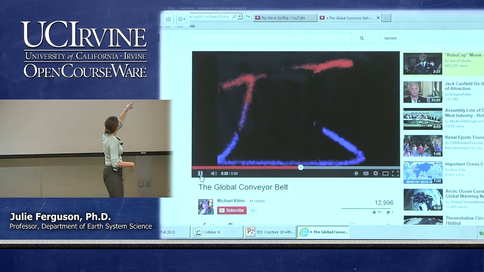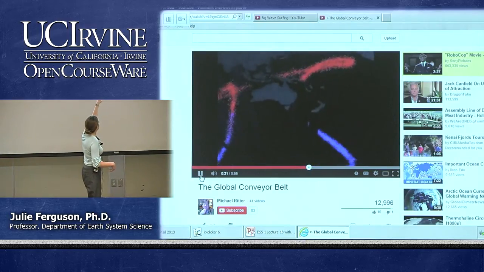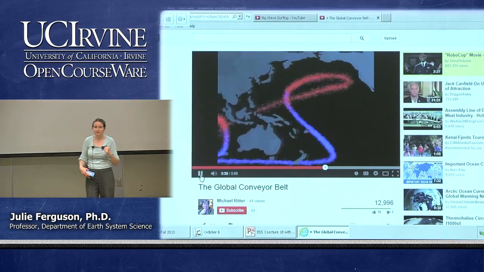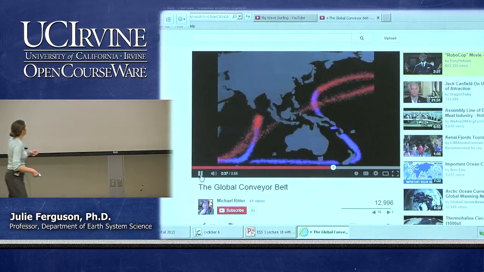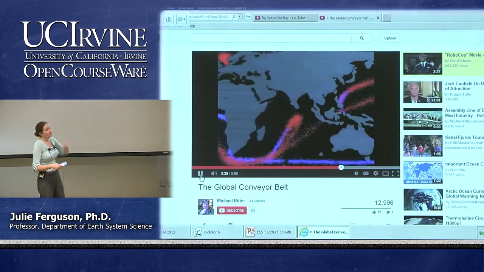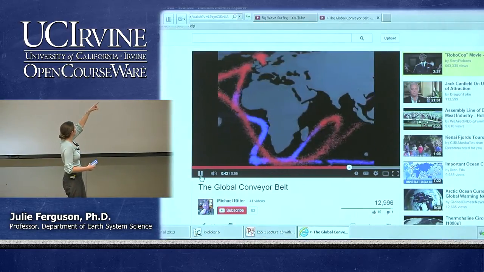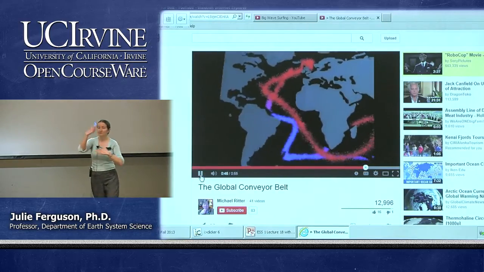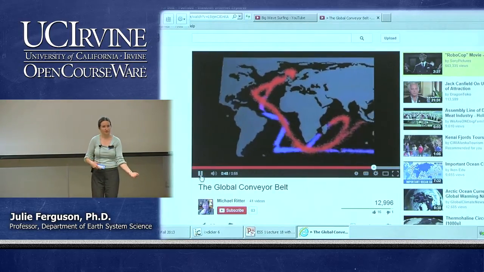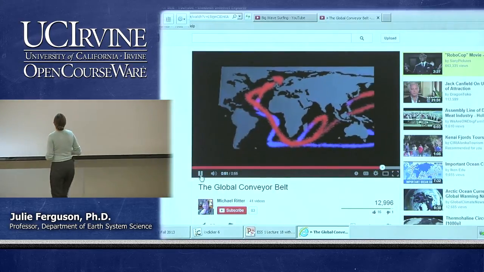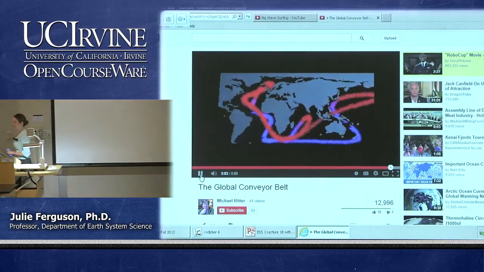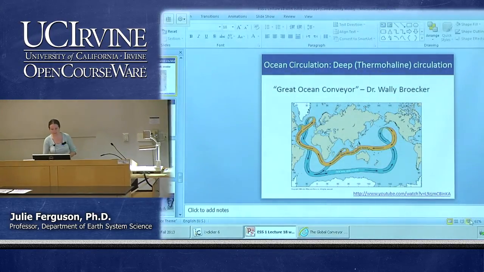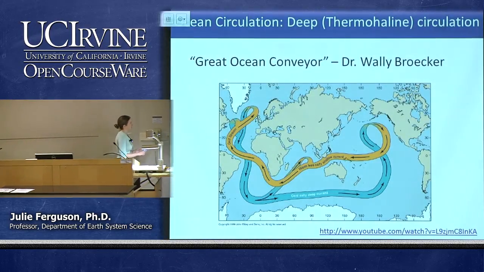Some of it makes it all the way around past Australia, up through the deep Pacific, and then it finally comes back up to the surface around the Northern Pacific, and then makes its way back, warming up all the time around the surface and back up into the North Atlantic. So it's one big long conveyor belt. Okay? So that's our thermohaline circulation. Thermo for temperature, haline for salty.